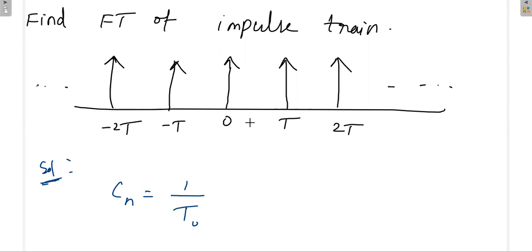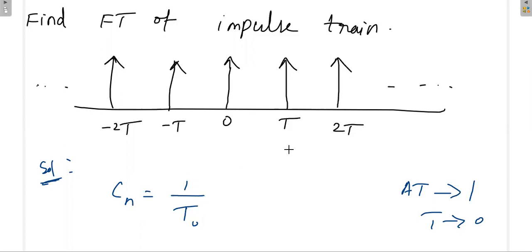Directly we can apply the formula, or otherwise from the rectangular pulse we can derive the Cn value, because we know the Cn value for a rectangular pulse. If you put the limiting condition A·T tends to 1 and the pulse width tends to 0, then you will get 1/T₀. This we have already seen in the Fourier series topic. So now it's 1/T₀.